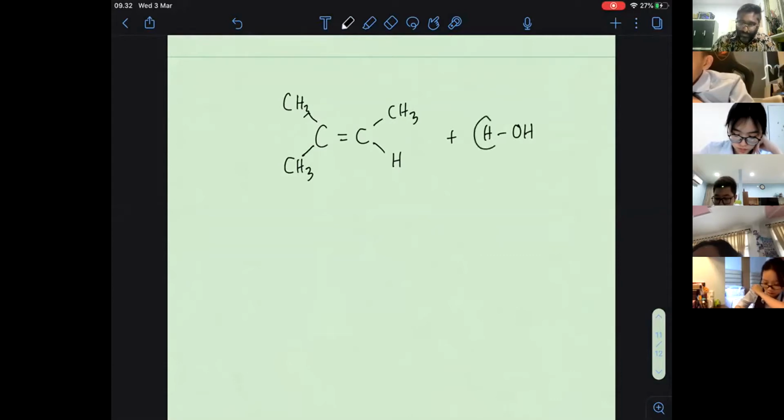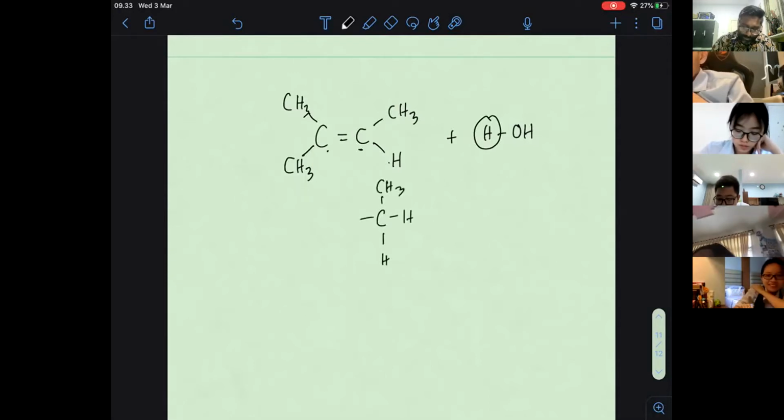The hydrogen must go to the carbon that has more hydrogen. This carbon has only one hydrogen directly attached. This carbon doesn't have any hydrogen directly attached to it. So you just put the hydrogen here. And then the OH will go to the carbon next to it. I cannot make it more simple than that.